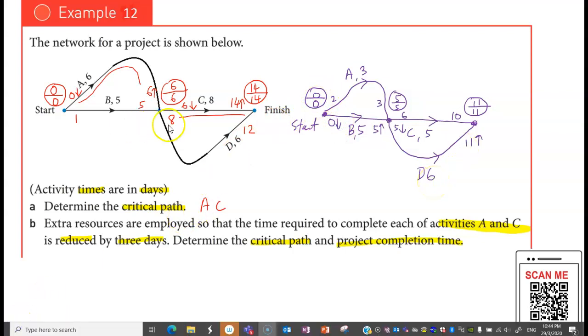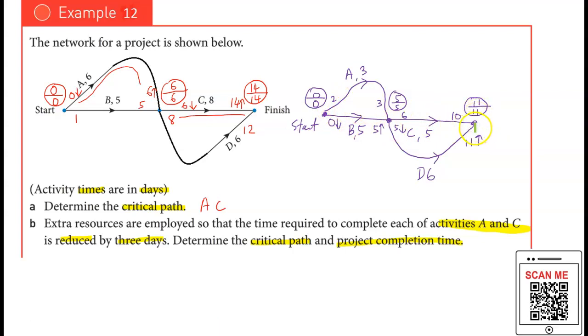Right, now let's try to find the critical path. I can do it backward. Where does the 11 come from? It comes from here. And where does the 5 come from? From here, I can easily see what the critical path for the revised network will be.